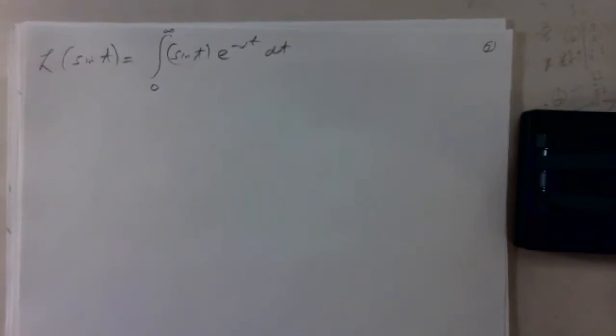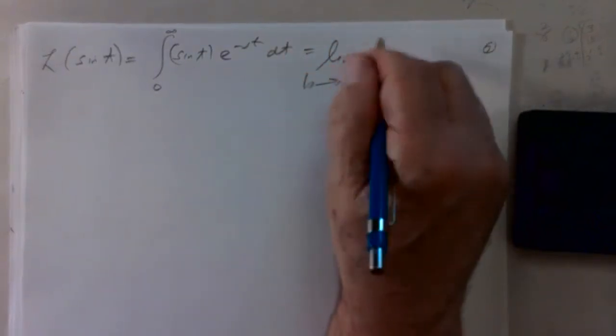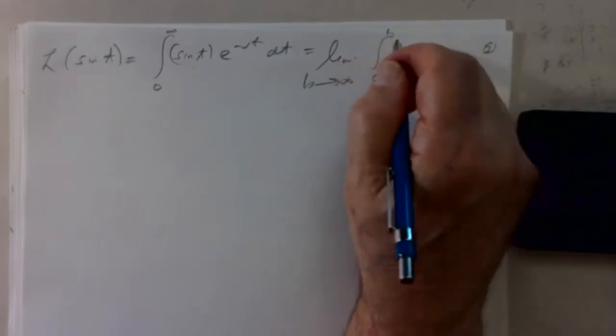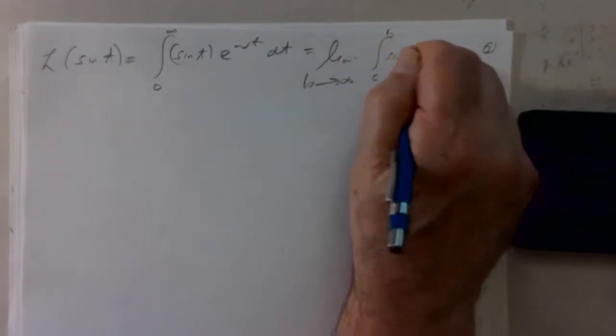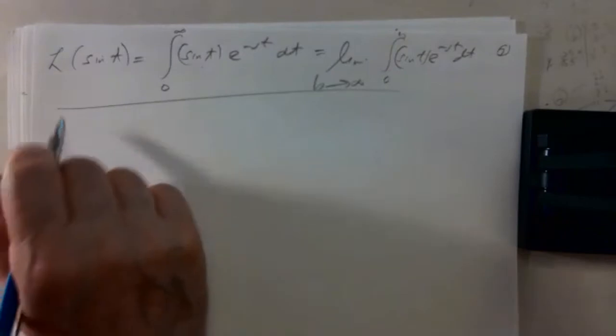So this function is bounded by 1. This certainly converges. And this is the limit as b goes to infinity of the integral from 0 to b of sine t e to the minus st dt. So let me try and do this integral.